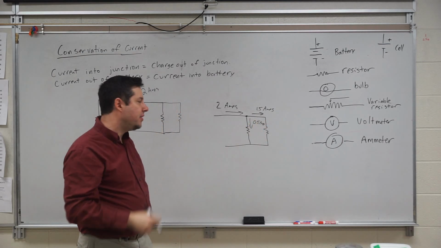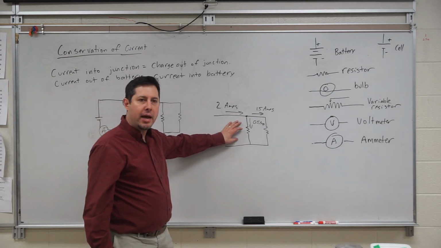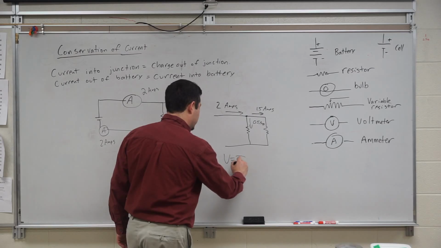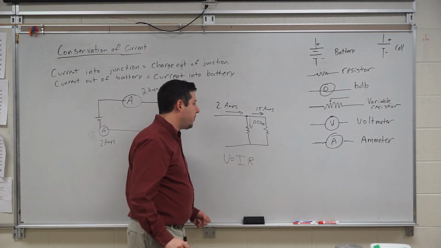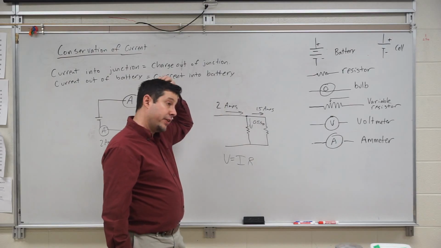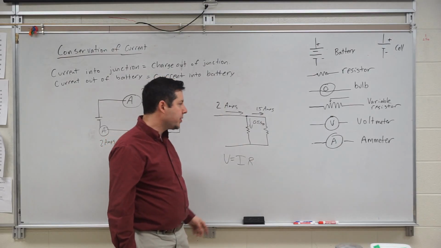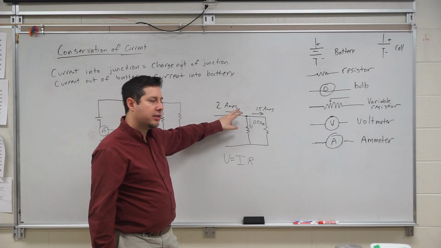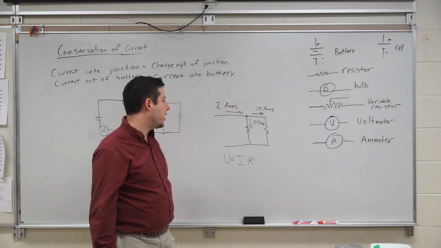Other consequences of this is if we start looking at resistance, for example, applying Ohm's law, voltage is equal to current times resistance, we would find that these resistors have a different resistance, and you could even figure out potentially what that was. But the important thing to think now is, if we've got conservation, 2 amps in, you've got to have 2 amps out.